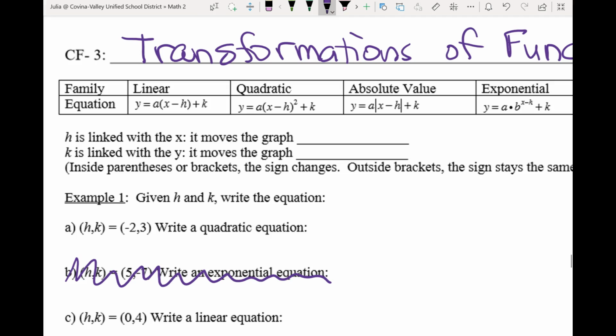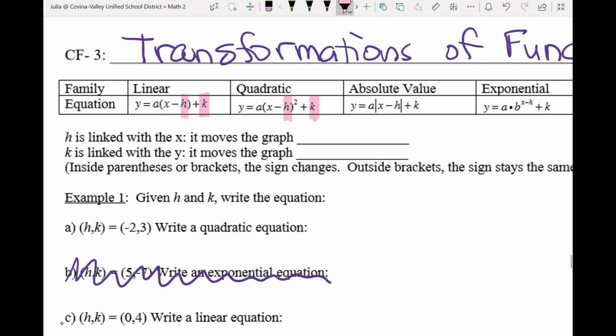Okay, now what do you notice about these equations before we go on? What's different about them? What do they have? We have x's, y equals. The y equals means we're telling what the y value would be. What are those other little things in there? Weird letters. There's an h and there's a k in each one.